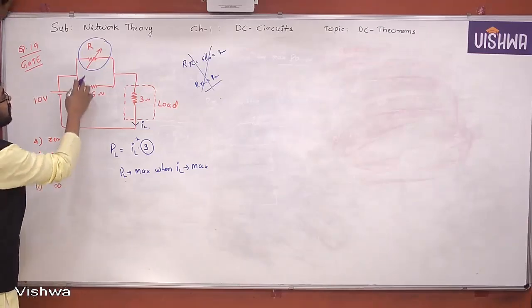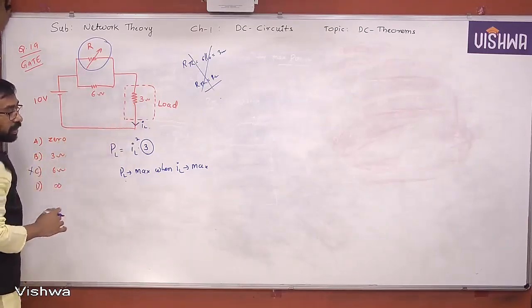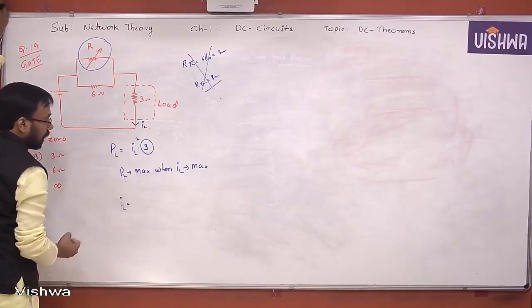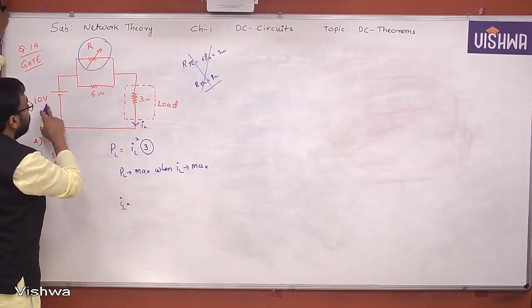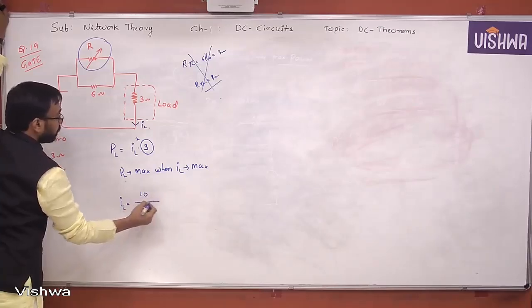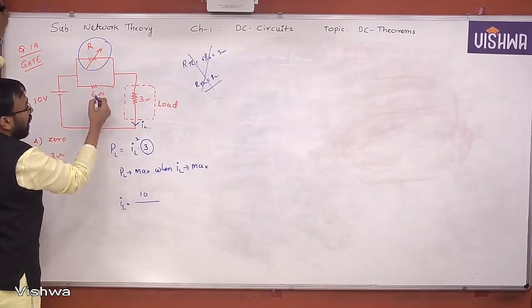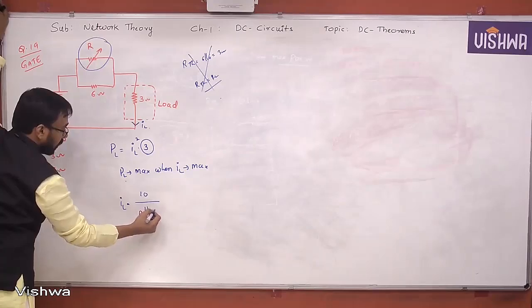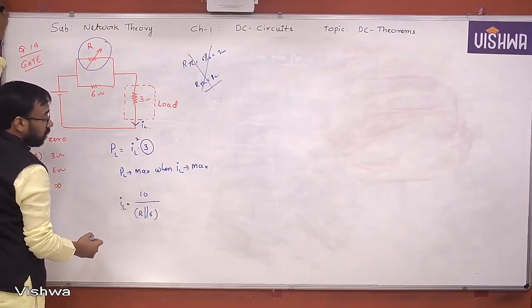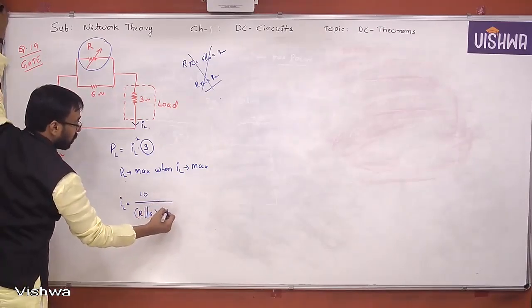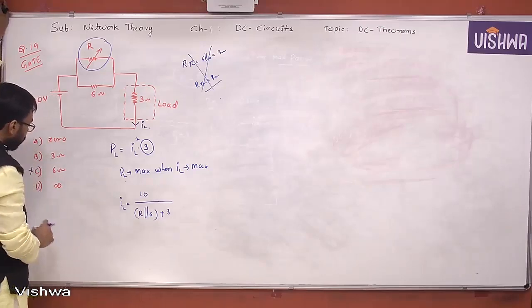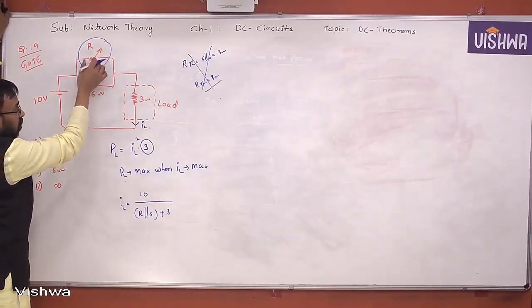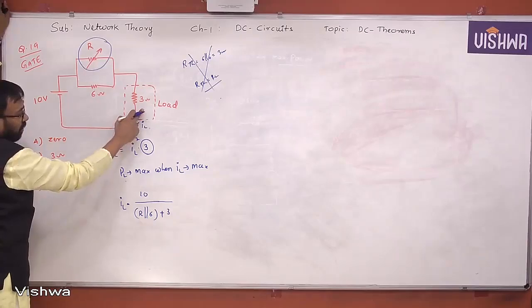For what value of this capital R is the current going to be maximum? IL will be 10 volts divided by R parallel 6 ohm, plus 3 ohm. Now suppose I substitute infinity here, this is open, then 6 and 3 will be in series.